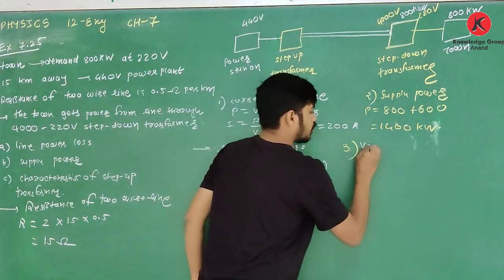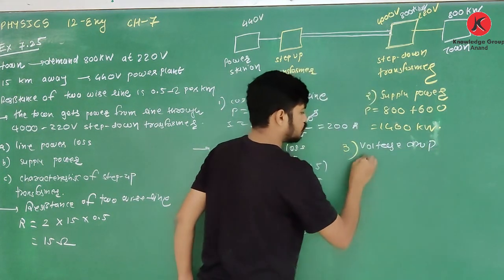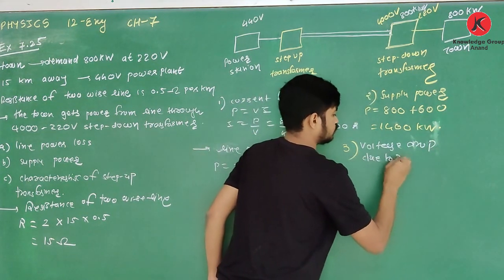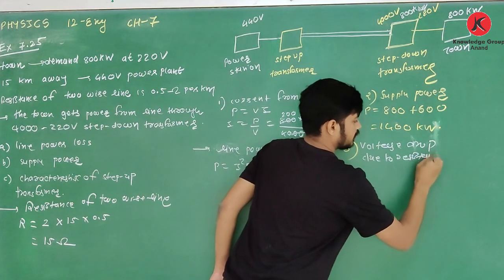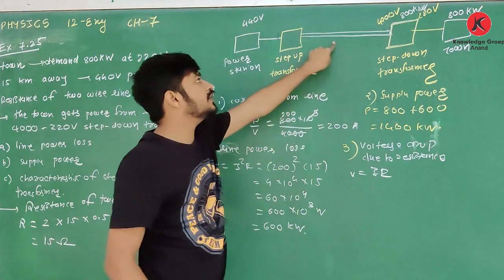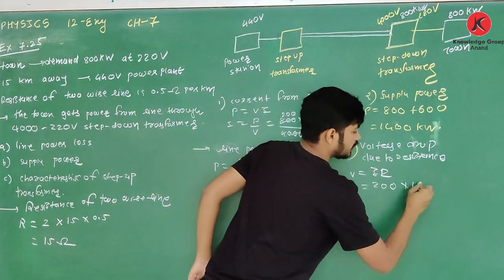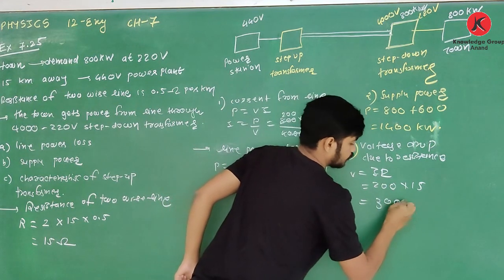Again, there is a voltage drop due to resistance. V is equal to IR in this line. What is I? 200. What is R? 15. So it is 3000 volts.